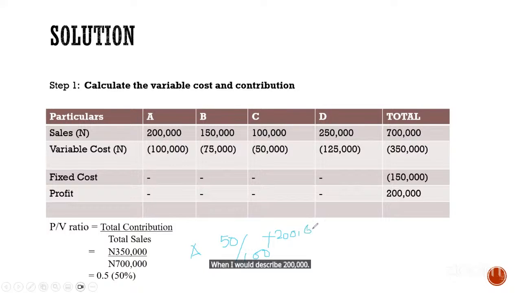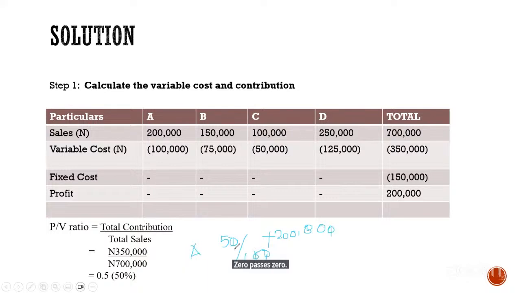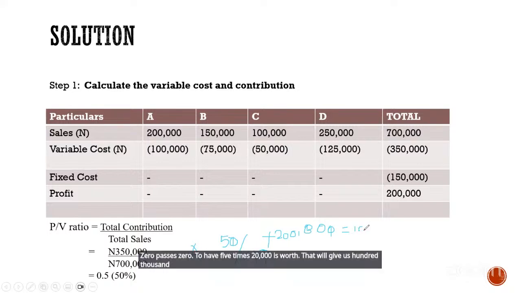By the time you cancel the zeros, we have 5 times 20,000, which gives us 100,000 for product A.